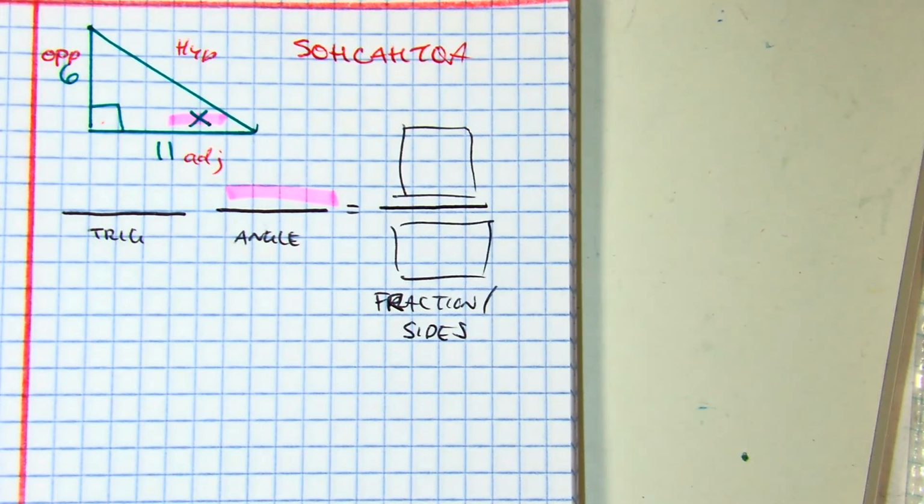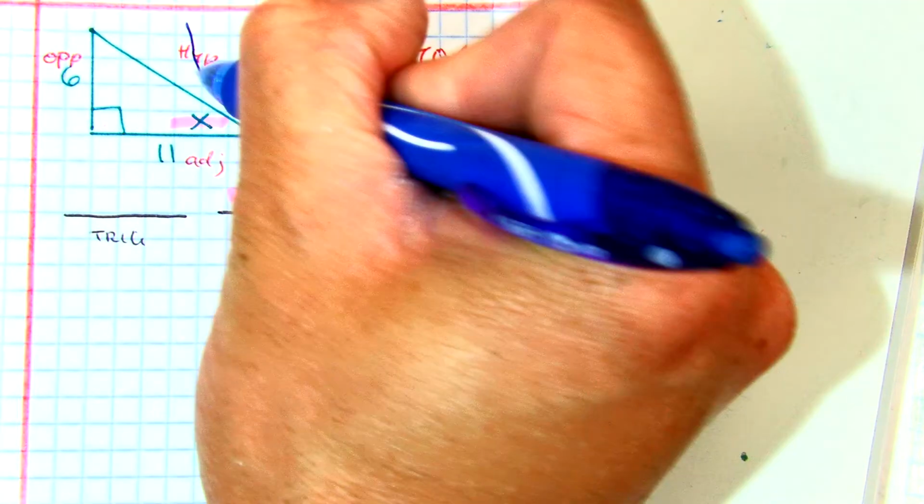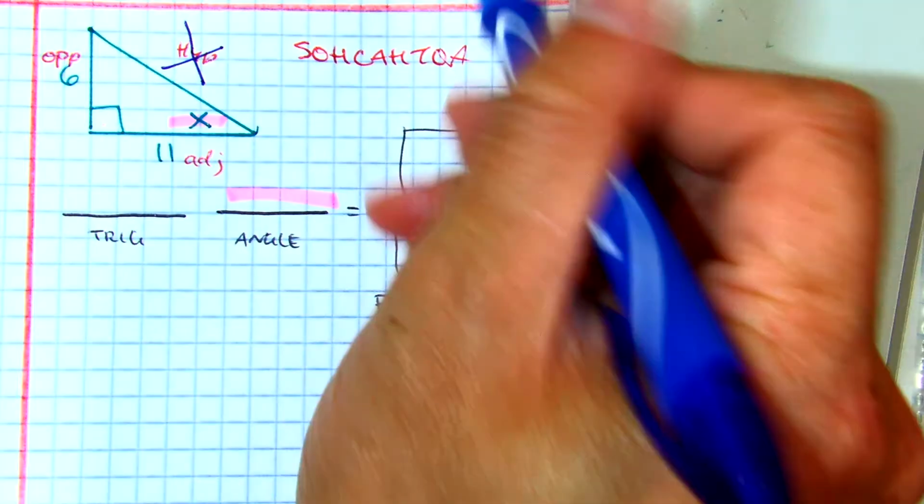Ricardo, which one do I not need? Yeah, we don't need the hypotenuse. There is no number and there is no variable. So I can cross off everything that has the hypotenuse.